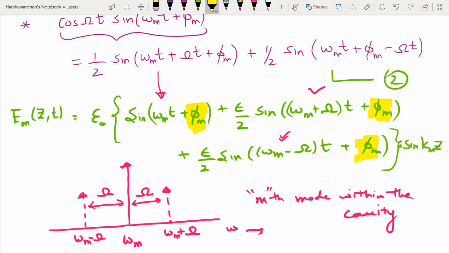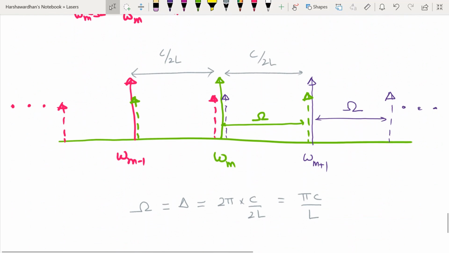So look at the omega m mode and its sidebands, this one and this one. These two are sidebands of omega m. They are exactly in phase, right?